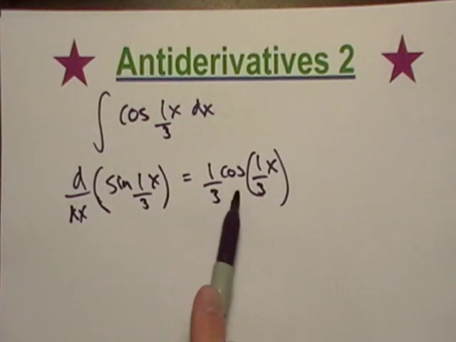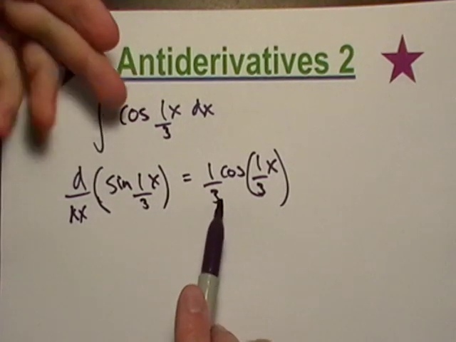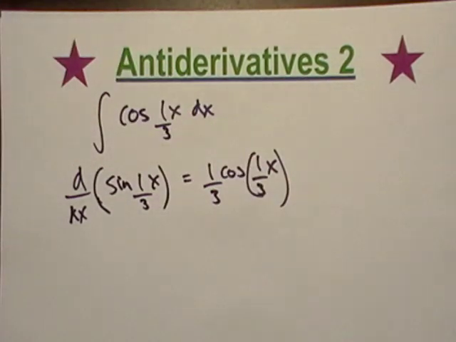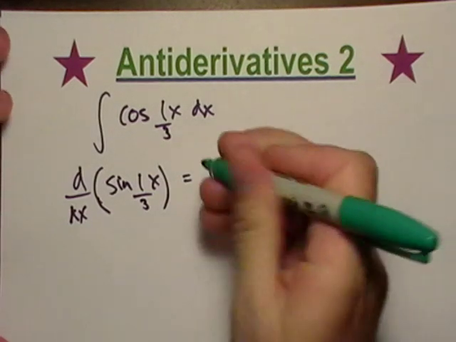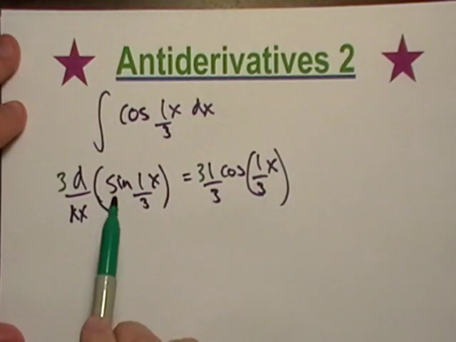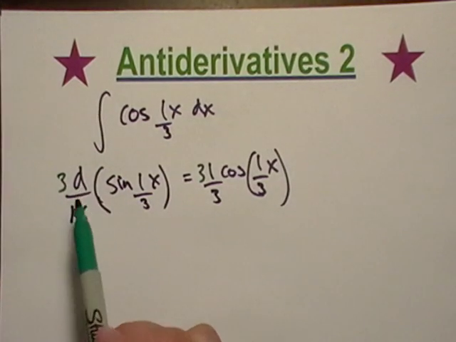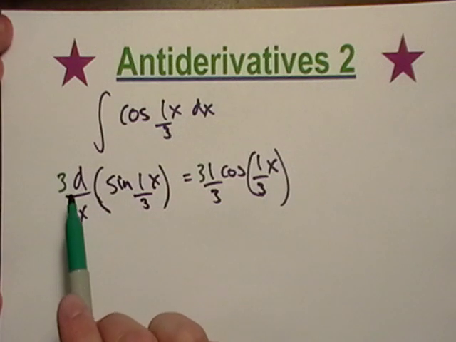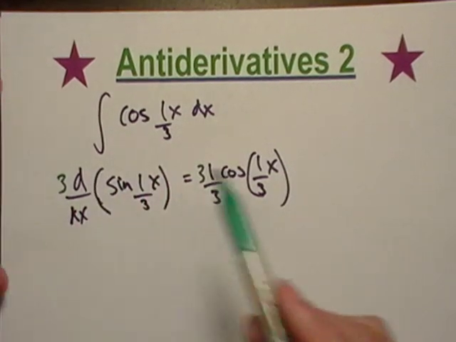The only difference here is I need a 3 up top. If I write a 3 up there, I can actually write the 3 out here. The derivative of a constant is 0, but if it's a constant along with a variable, then it just goes along for the ride.